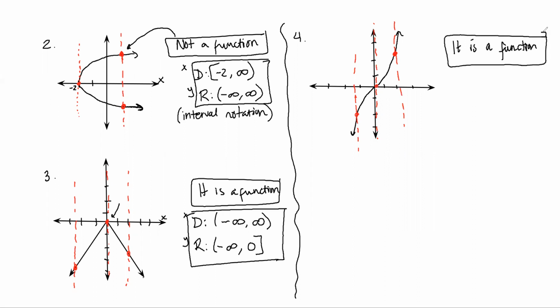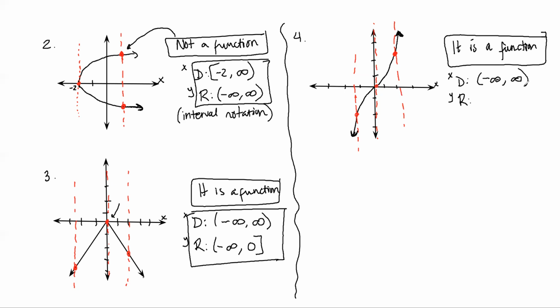And if we go ahead and look for the domain and range, domain is the x, range is the y. Domain, so furthest left and furthest right. So furthest left we go, even though it doesn't look like it, this goes out forever to the left. And if we follow it up, it goes out to the right forever as well. So what is our domain going to be? Well, forever left and forever right means negative infinity to positive infinity.